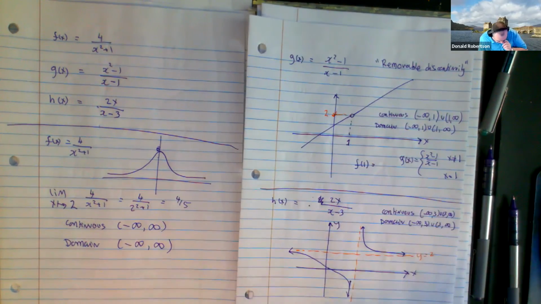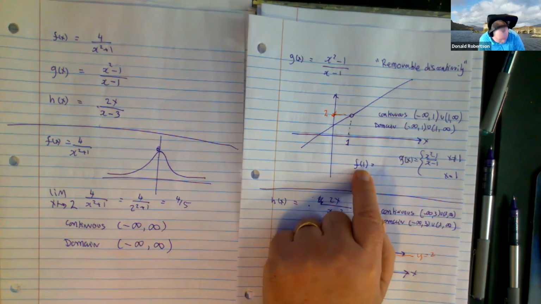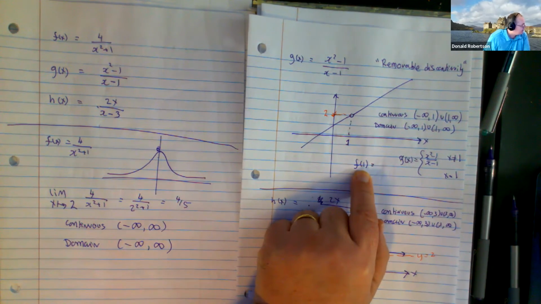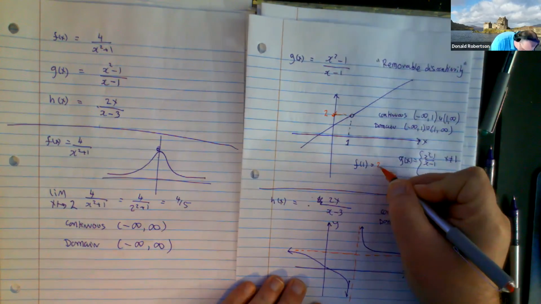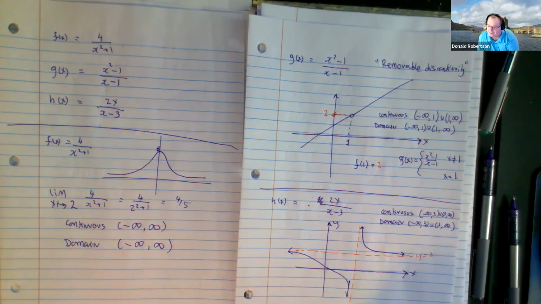And so when you get one of those questions, maybe I could find the phrasing of it. Yeah, redefine f of 1 so that f is continuous at x equals 1, and thus the discontinuity is removed. Well, don't you just make f of 1 equal 2? And now you've filled the hole up.